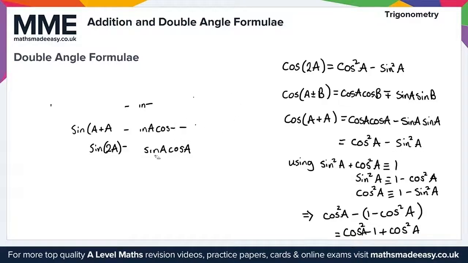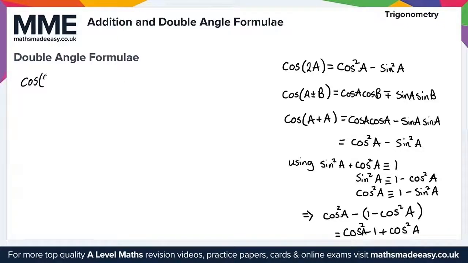So I'll quickly clear this. Okay, so we're pretty much there now. If we just finish off our substitution, we obtain for cos 2a, but we can also express that as 2 cos squared a minus 1.